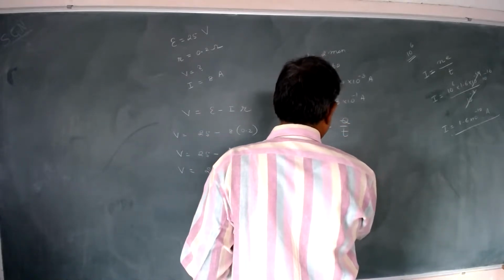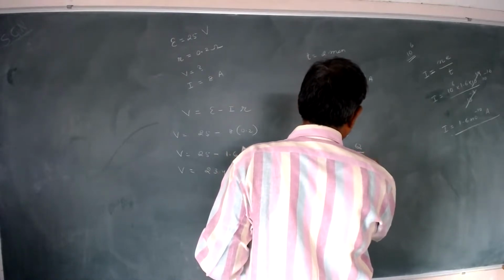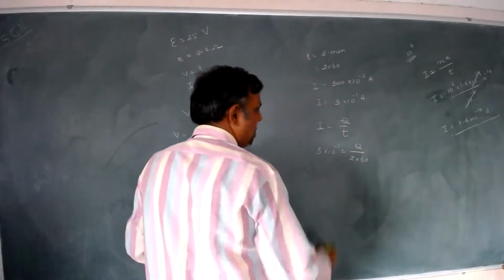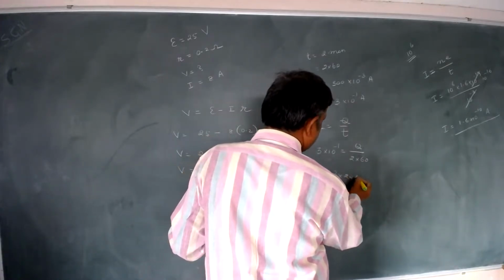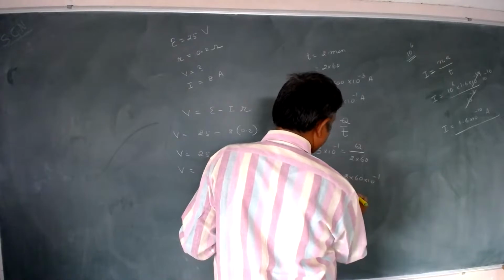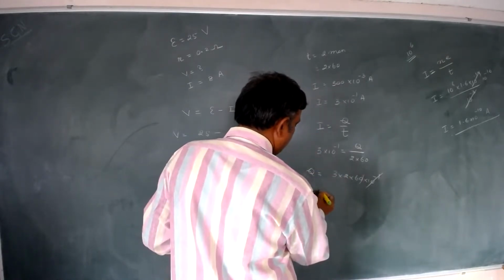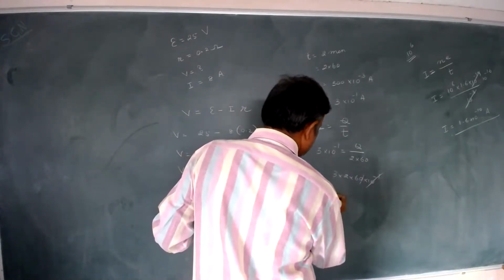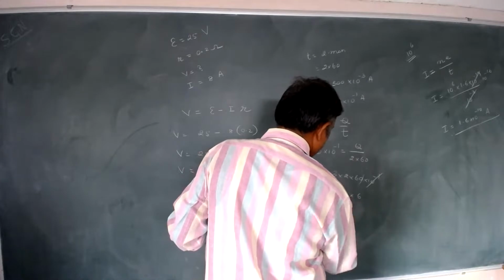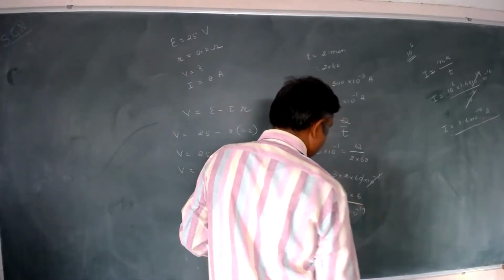So 3 into 10 power minus 1 is equal to Q by 2 into 60. So Q is equal to 3 into 2 into 60 into 10 power minus 1. Number of electrons n we need to find out. So 3 into 2 into 6 divided by 1.6 into 10 power minus 19.